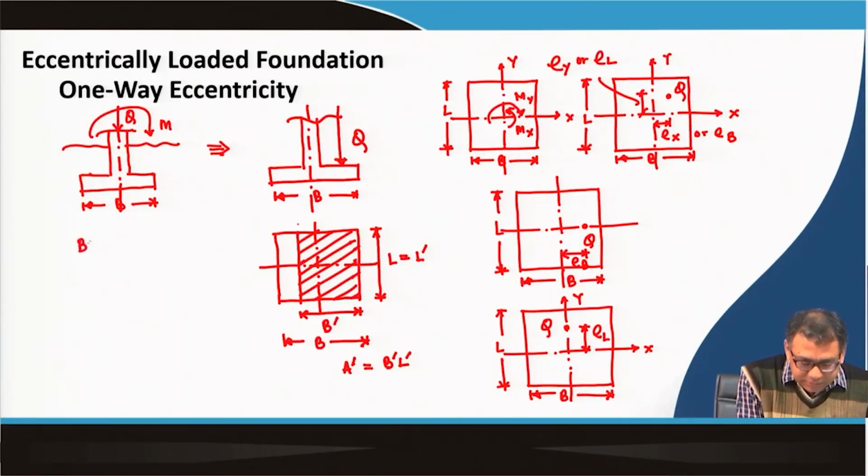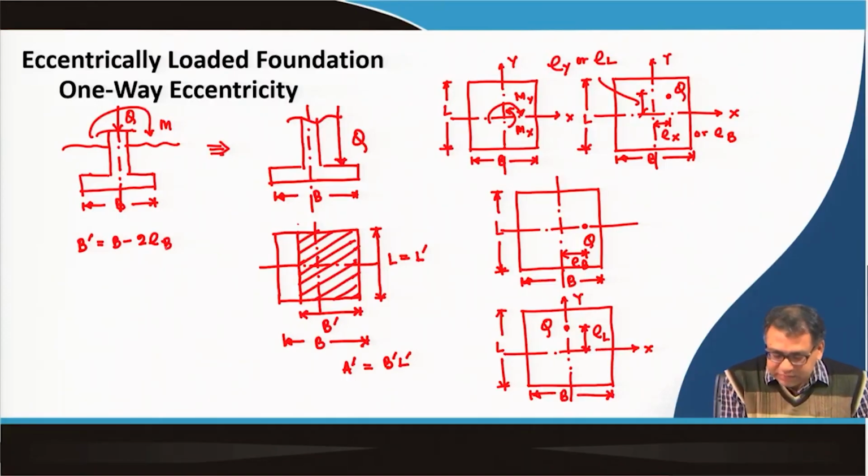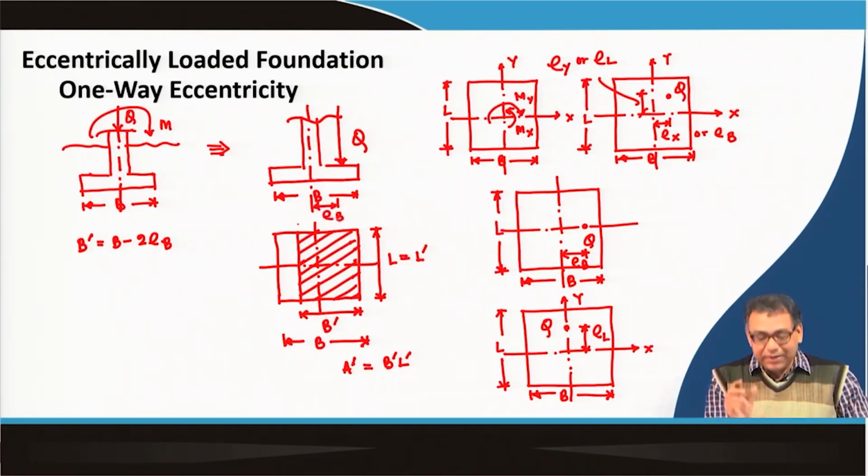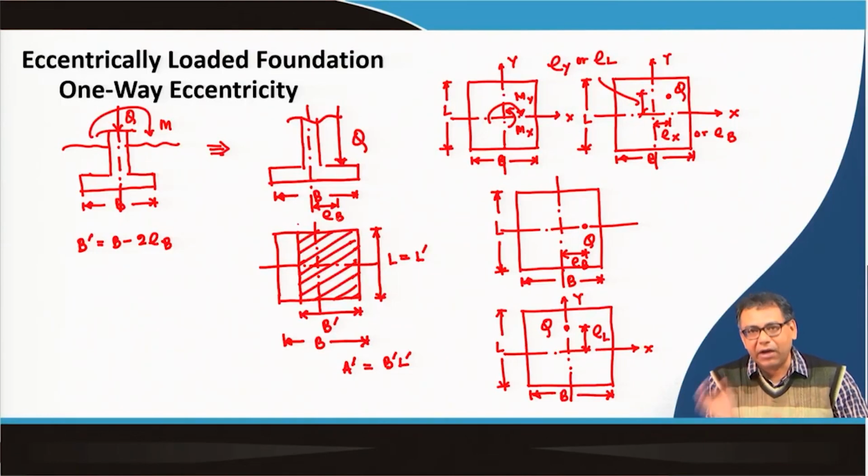So, we can say that my B dash value will be equal to B minus 2 E x, or E b. I should write E b, because this is my E b. E b is how much distance the load is acting away from the center towards the width direction.